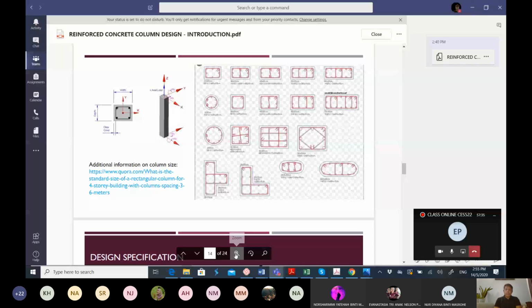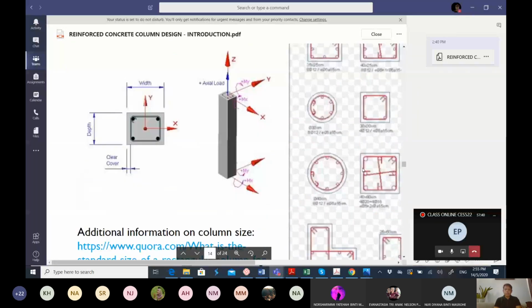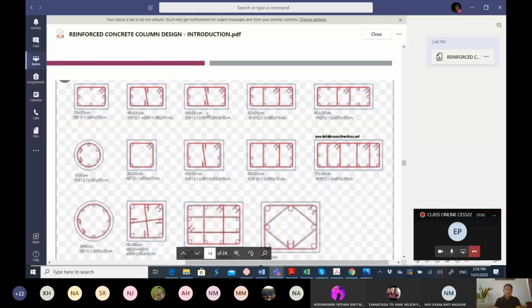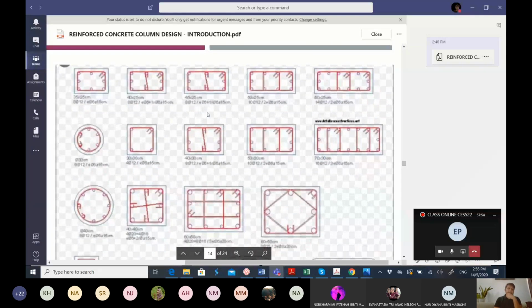Okay, this is the normal size of the column. For example, here is 35 times 25 centimeters, so 350 times 250. The arrangement of the reinforcement is like this.